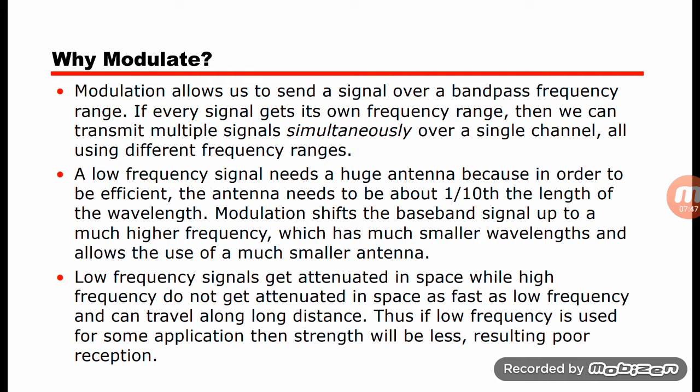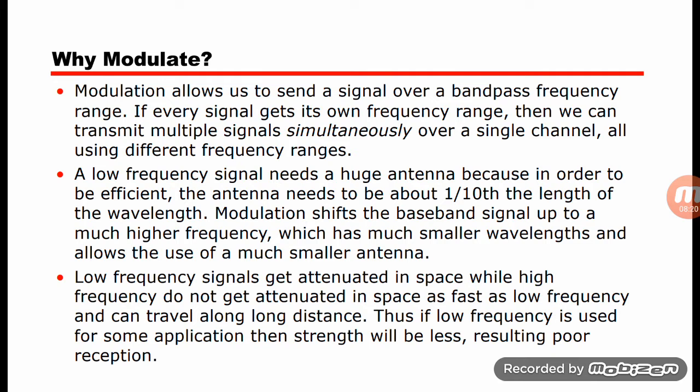Another reason is that, for example, you want to send more than one signal, and you only have one channel, and you want to send 4 signals, right? So you have one signal with this frequency, one signal with this frequency, and one signal with this frequency, right? Or let's take an example like this. Let's suppose you have one signal whose frequency range is 0 to f1, right? You have another signal whose frequency range is from 0 to, let's suppose, f2.